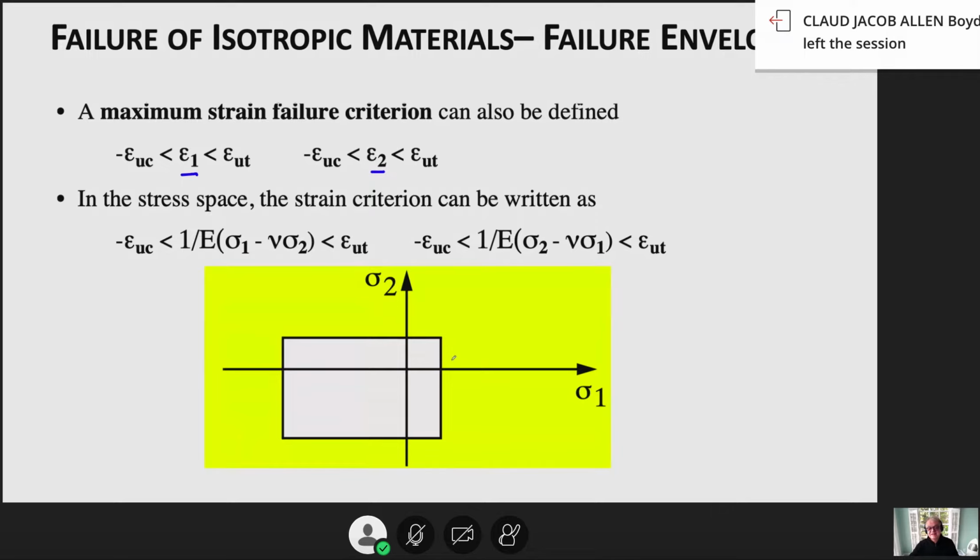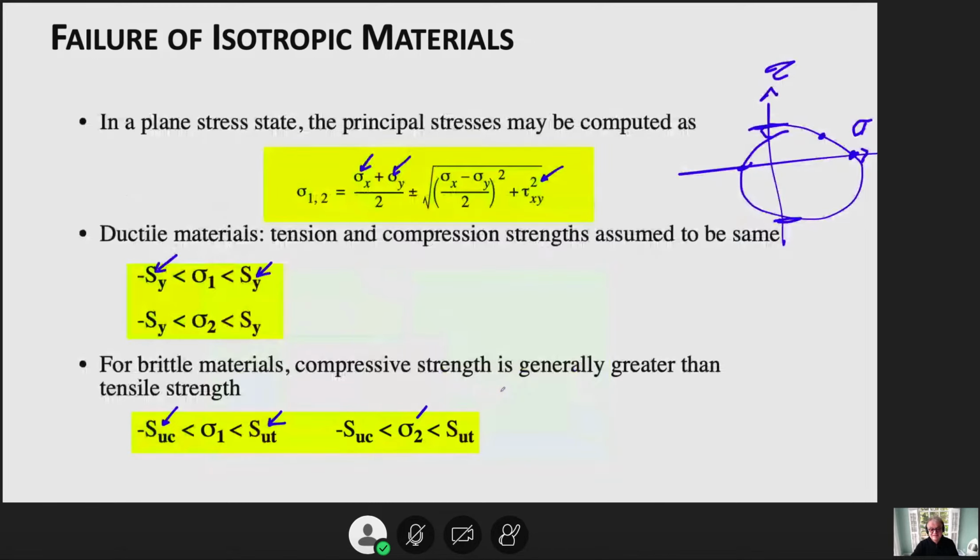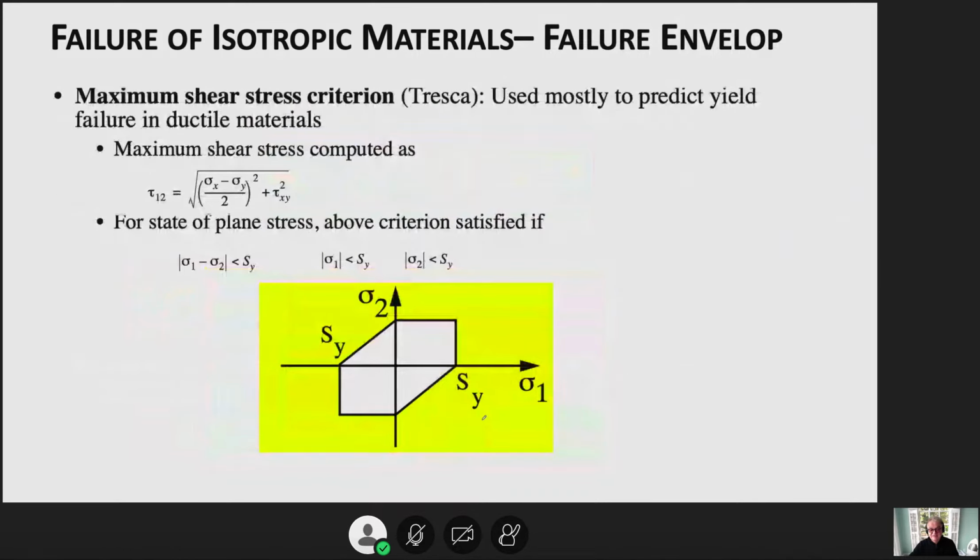So this is basically something like a sigma 1, sigma 2 stress space, and this is SUT, ultimate tensile strength, from here.